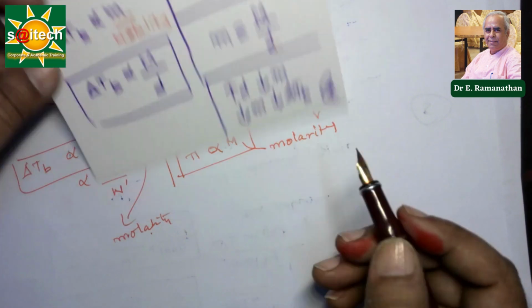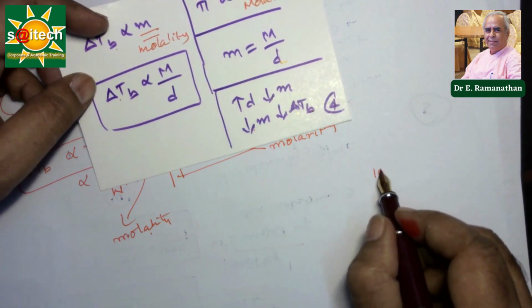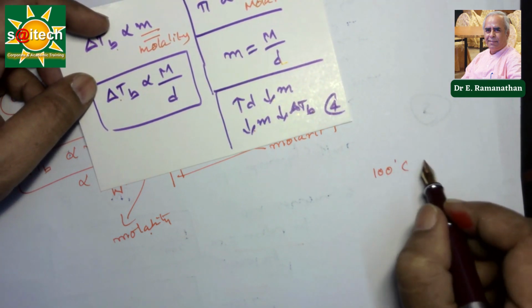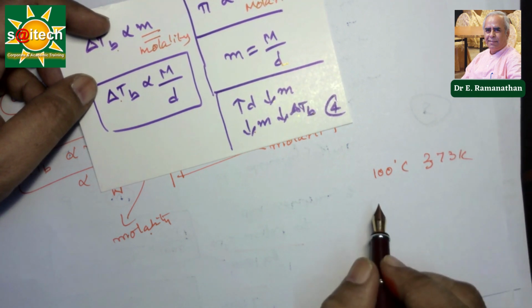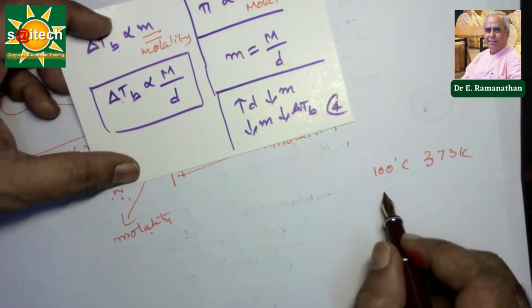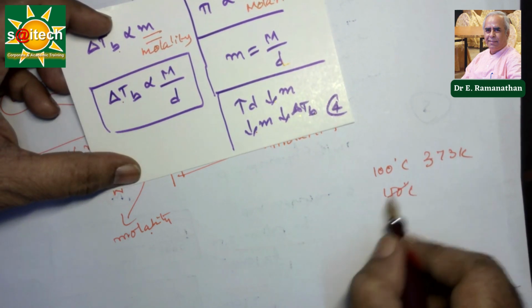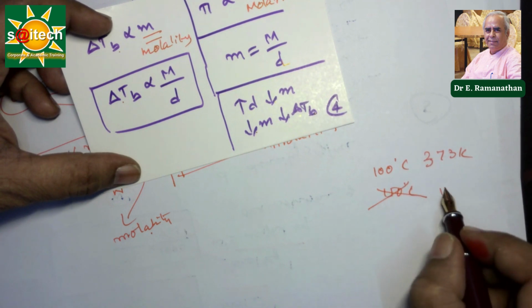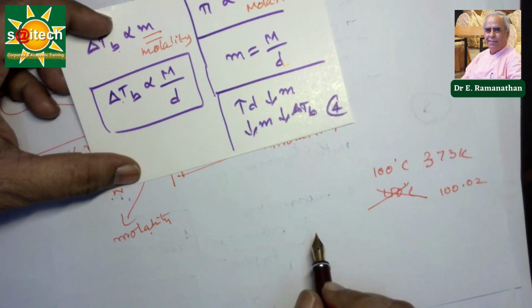See, when you consider elevation of boiling point, you cannot say, for example, 100 degree Celsius or 373 Kelvin for boiling water. So when I say elevation of boiling point, don't think that this will be 150 degree by adding some solute. No. So this will be very marginal, like 100.02, like that. Are you able to follow this?